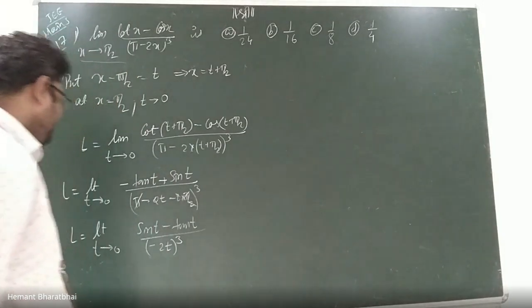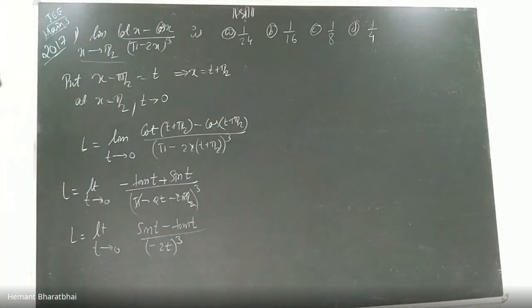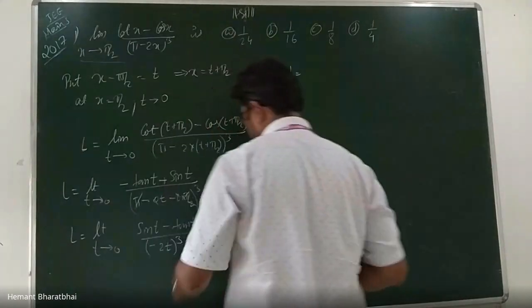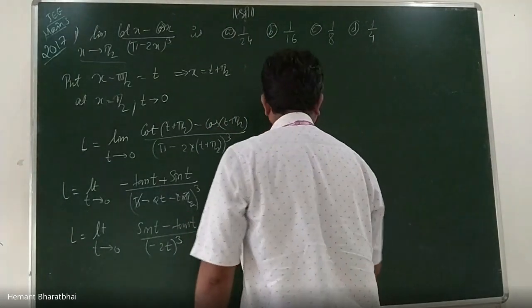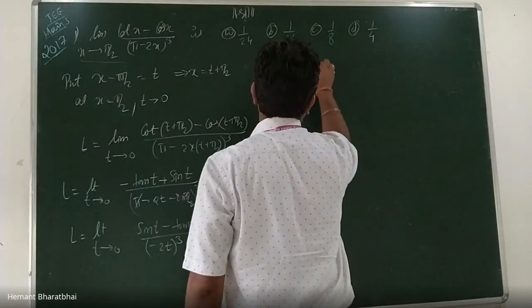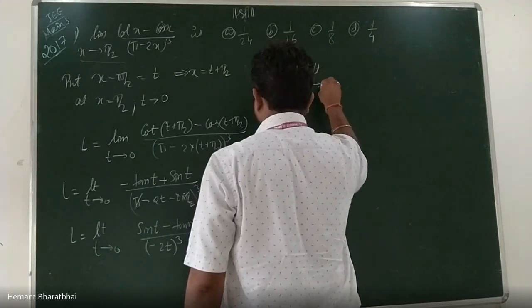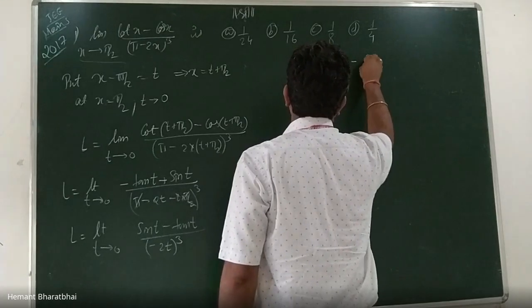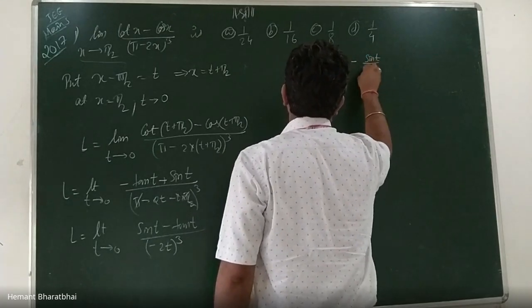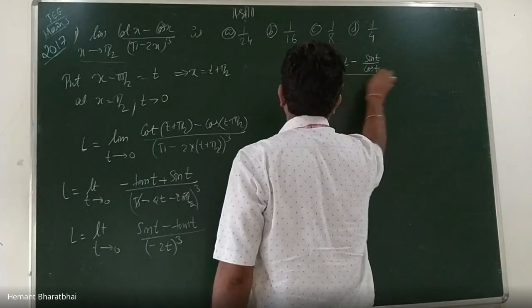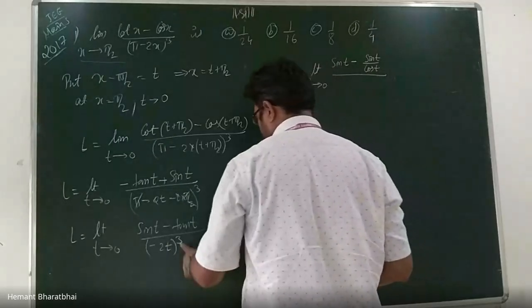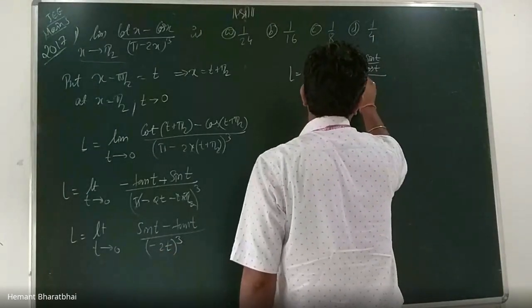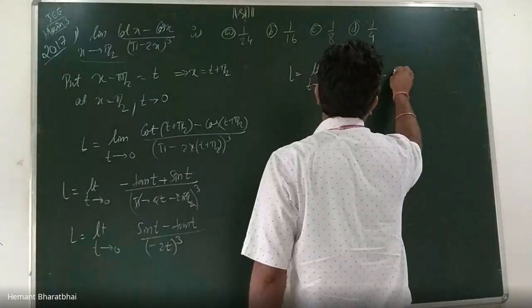So here I have t cubed, so therefore I will have to think something else. I get L is equal to, tan can be written as sine by cos. Therefore I write limit of t tends to 0, (sin of t minus sin of t by cos of t) upon this 2 cube, which will become minus 8 into t cube.